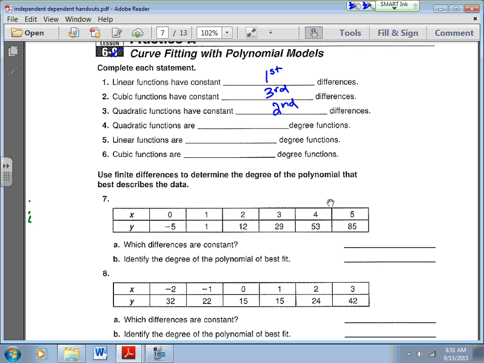Now remember, the rate has to be addition and subtraction for these. But what if there's a constant rate on the first difference, but it's multiplication? It's exponential. So put in your notes, be cautious.